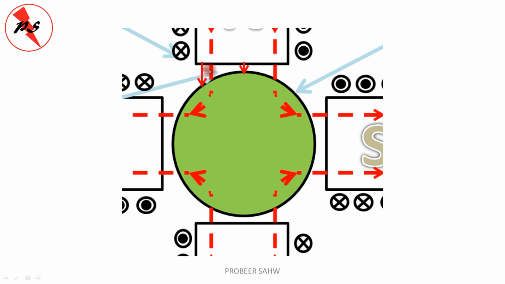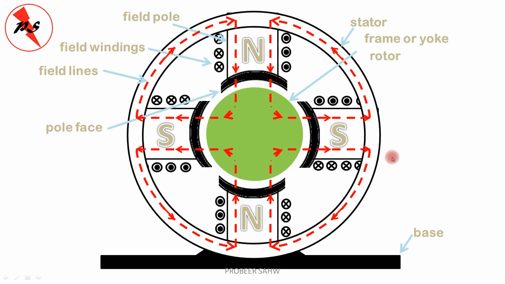Therefore, the magnetic flux received by the rotor will be less, which will affect our operation. So we modify these pole faces so that there is a uniform air gap and minimum reluctance provided to these magnetic field lines. So we modify the field poles somewhat like this.